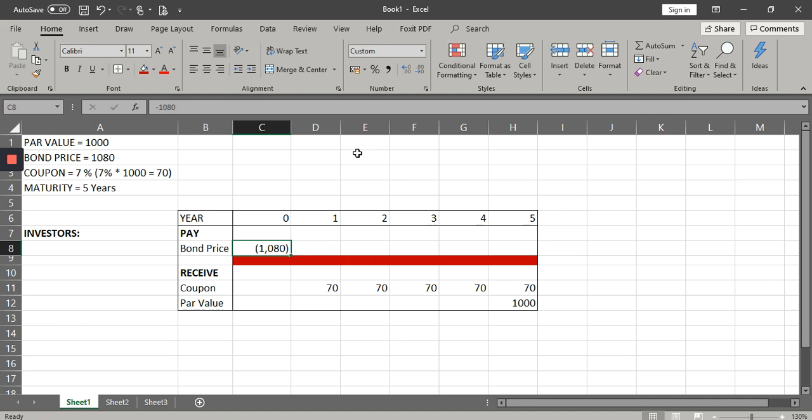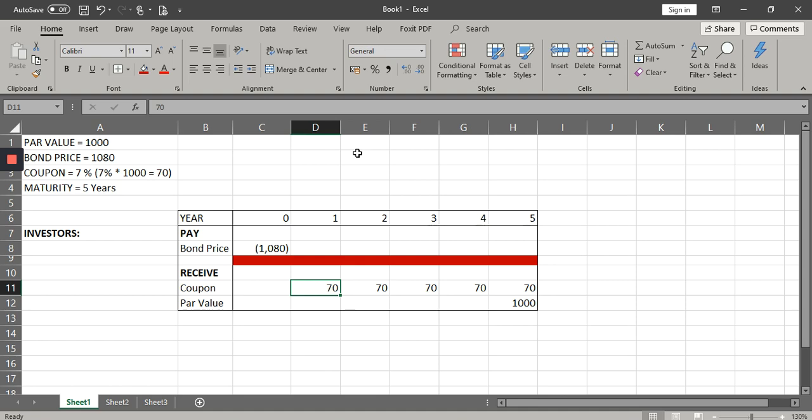In return, what will they receive from the bond or the investment is two things. They will receive coupon and they will also receive the par value. So let's look at the coupon. Year 0 is the beginning. From year 1 onwards, every year they will get coupon.